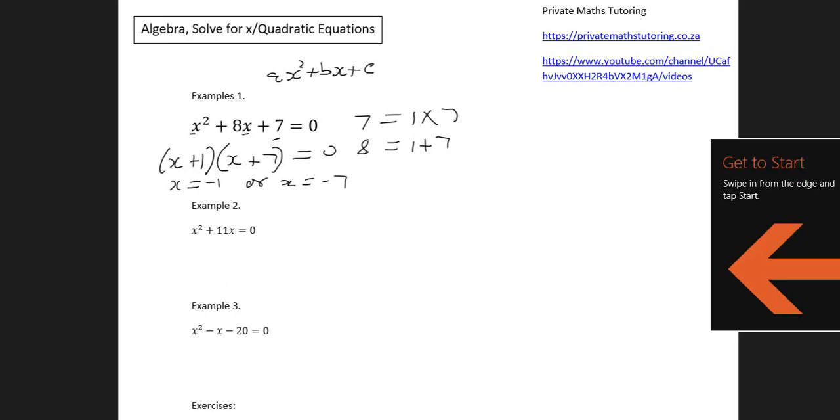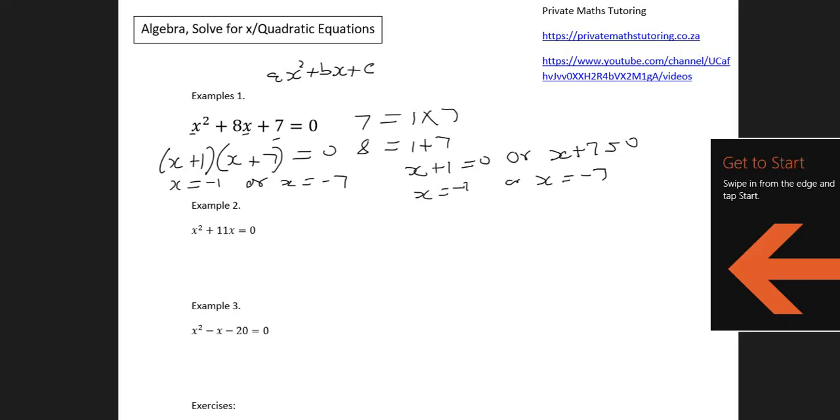This is coming from saying that x plus 1 is equal to 0, or x plus 7 is equal to 0, that's where we're getting x is equal to minus 1 or x is equal to minus 7.